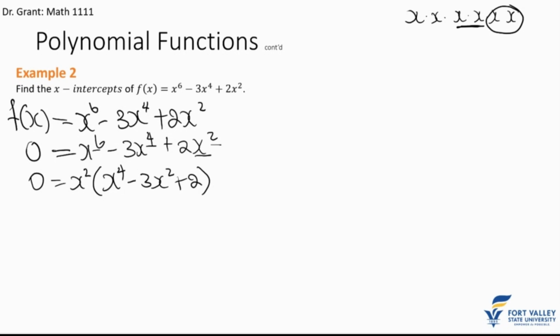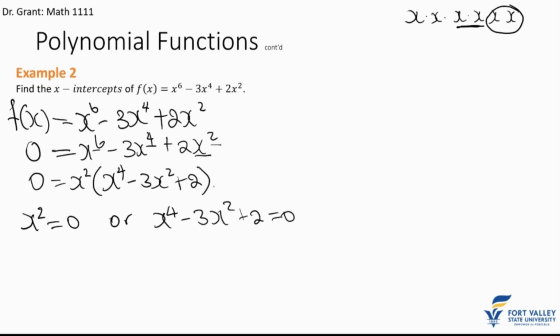So here I have that 0 is equal to x squared times x to the 4th minus 3x squared plus 2. What does that mean? Since we have two things multiplying to give us 0, that means either x squared equals 0 or x to the 4th minus 3x squared plus 2 equals 0.